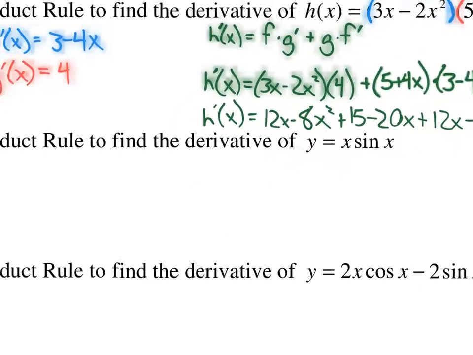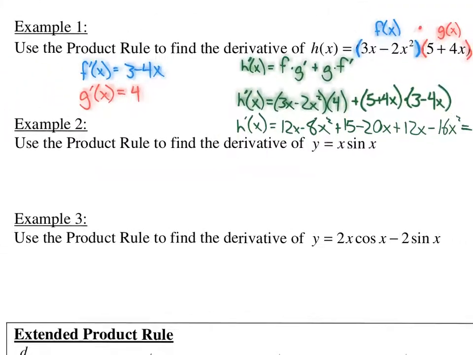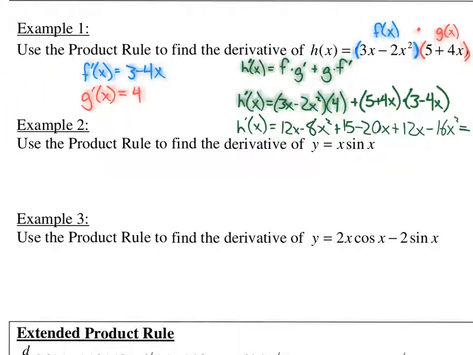In this next one we have y equals x times the sine of x. Now what is f of x in this case? It's x, that's right. So f prime of x is?